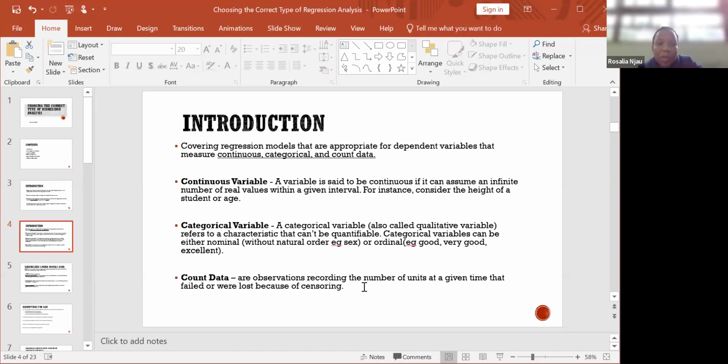So this explains the three types of dependent variables that we are going to concentrate on today: dependent variables that are continuous, categorical, and count data.